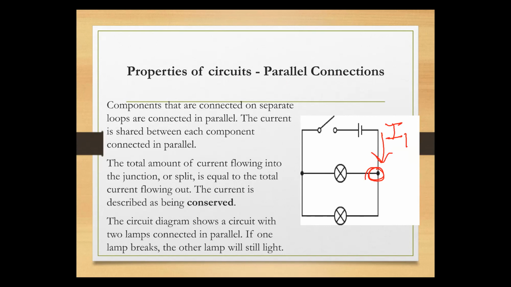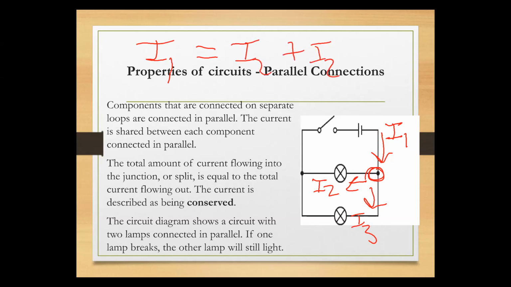The total amount of current flowing into a junction or split is equal to the total current flowing out. So there will be current flowing that way, current flowing that way, call that I2, I3. So I1, which is coming inside the junction, must be equal to what goes out of the junction, I2 and I3. So whatever goes in must come out.